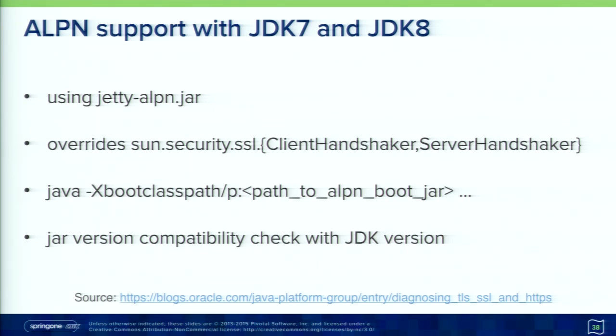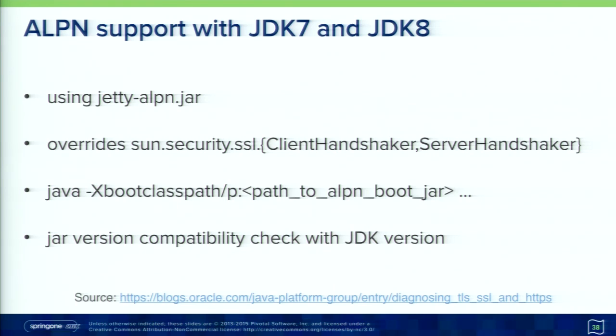One more complex thing on top of that is that because the underlying implementation of the JDK changes with versions, the ALPN implementation, that jar, you have to pick the right version. So if you're using, I don't know, JDK8 update 60, you have to pick the right ALPN version for your jar.